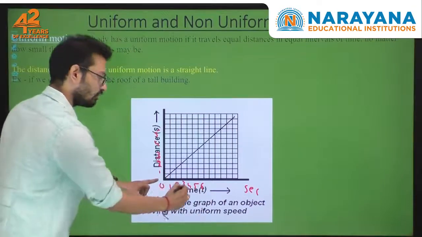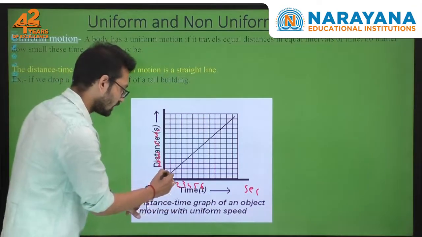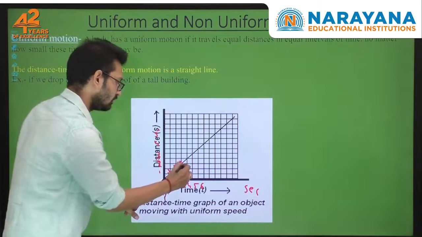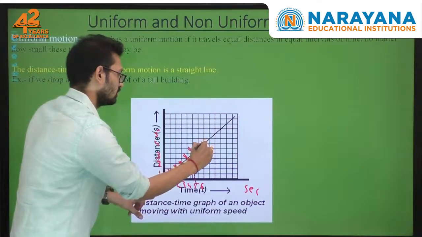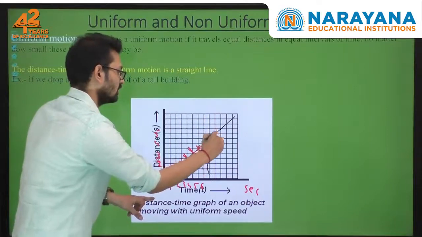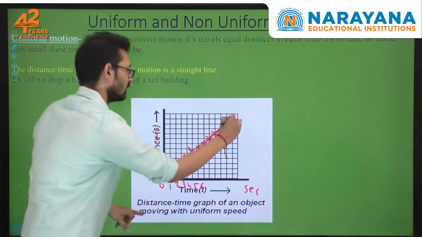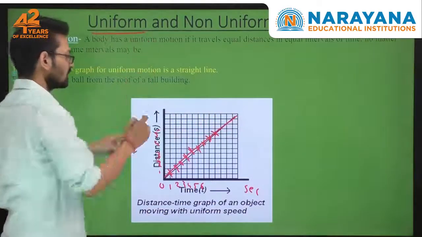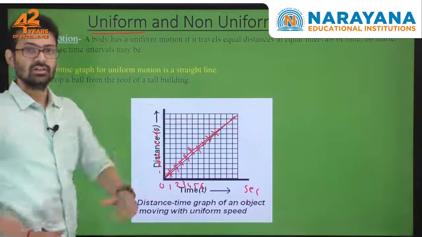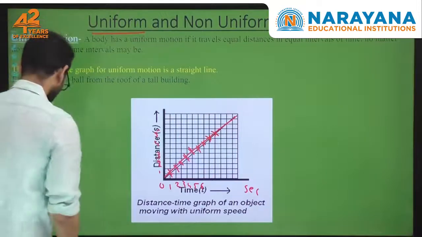For each 1 second, the distance traveled is also 1 meter. Now you get a graph like this, and that is a straight line. If it is a uniform motion, the graph is going to be a straight line. So let us get into the next one.